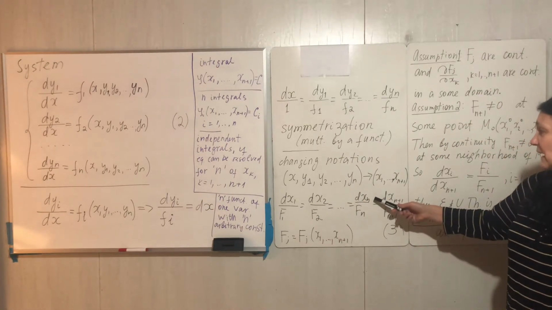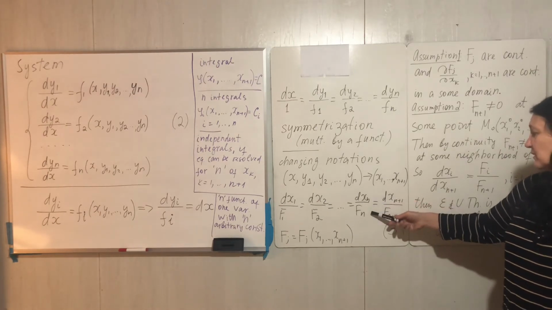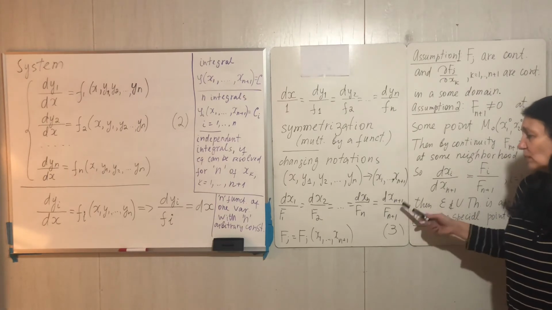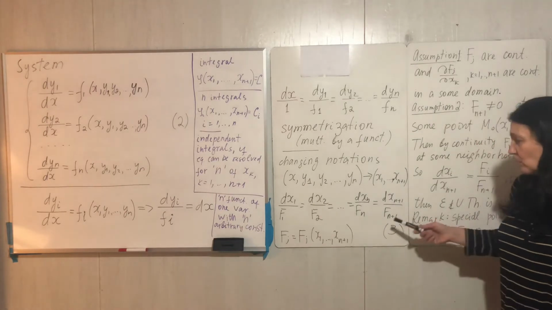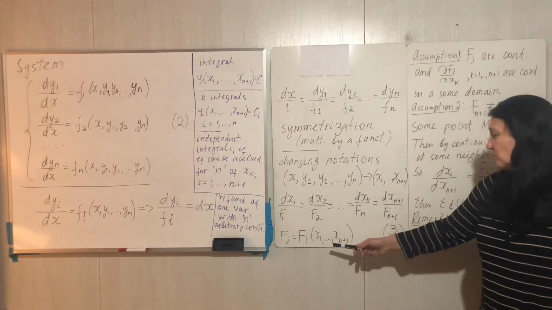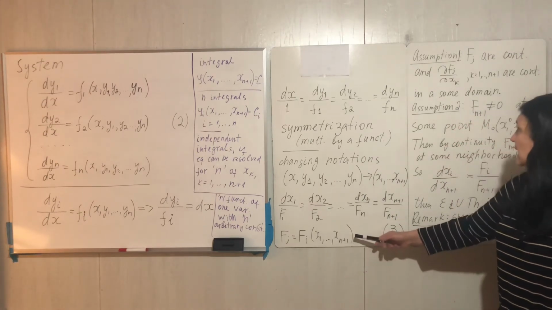And then now we will have dxn over fn, and the last one will be dx n plus 1 over f n plus 1. And here our functions f everywhere are functions of all variables, right? They depend on x1, x2, and up to x n plus 1.